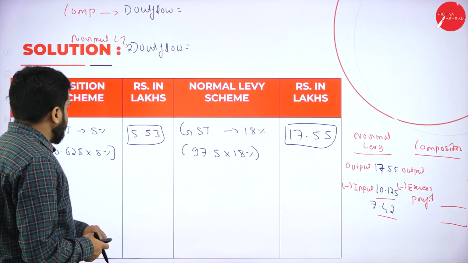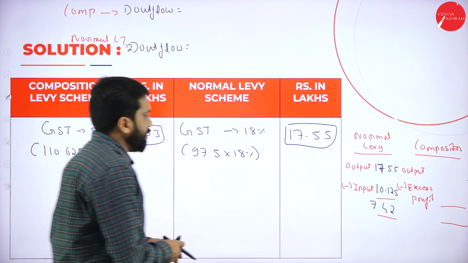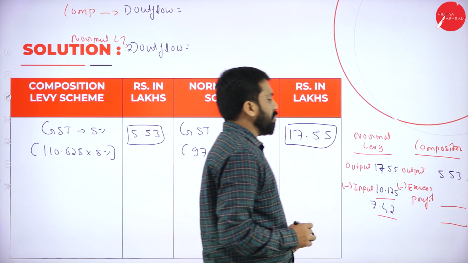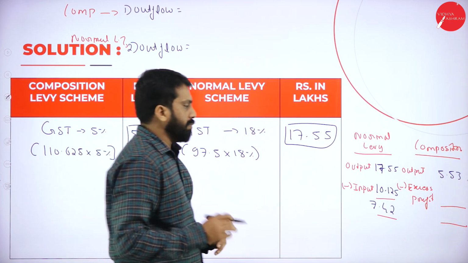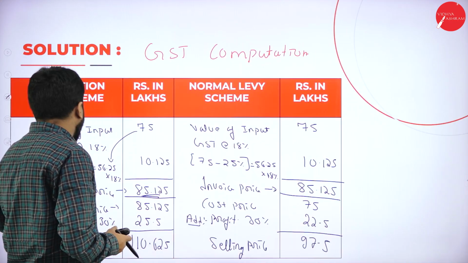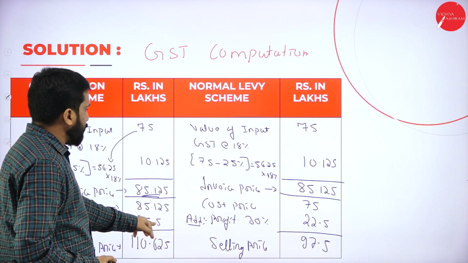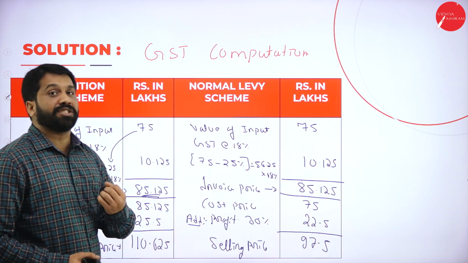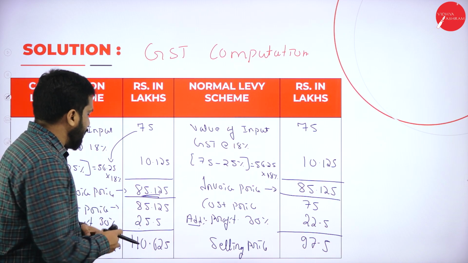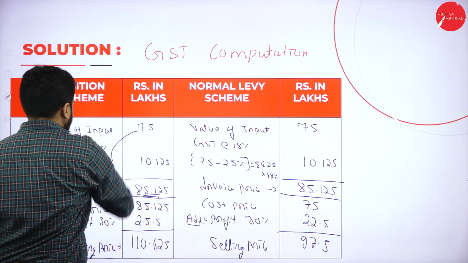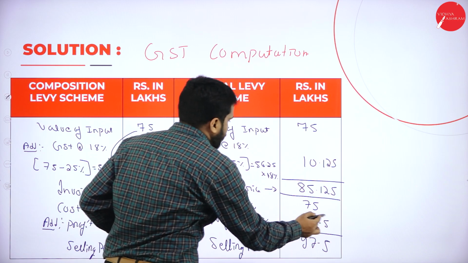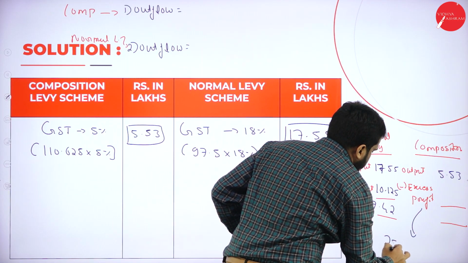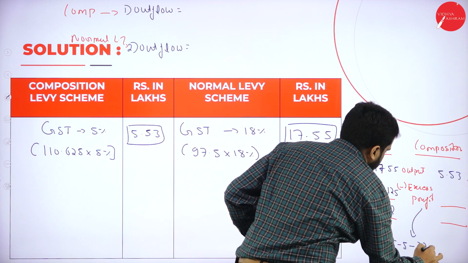Similarly, we'll go for the next one. In this, output is how much? 5.53 is output. What is the excess profit? Excess profit means, see, your profit 25 rupee 5 paise, 22 rupee 5 paise. How much extra you got? 25.5 minus 22.5.